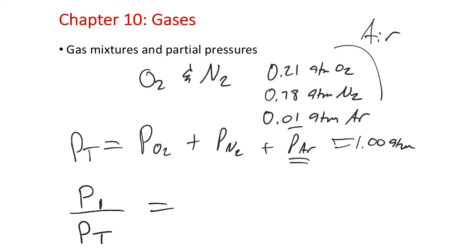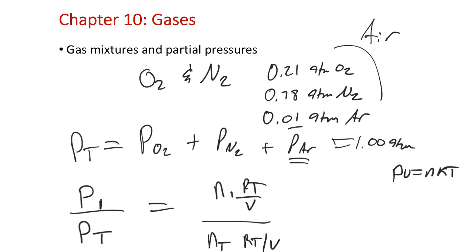Well, if we relate the pressure of one component, we can remember that PV is equal to nRT. So the pressure of component 1 would be equal to the moles of component 1 times RT divided by V, the volume that the gas is occupying, and then dividing that by the total number of moles times RT divided by V.